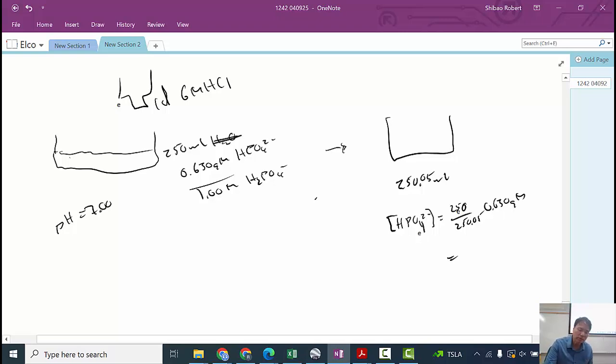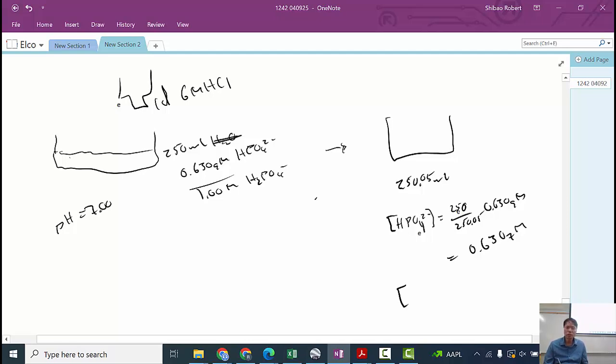So this is 250 divided by 250.05 times 0.6309, which is 0.63077, so we'll just say 0.6307 molar. It barely changed, but it did change.